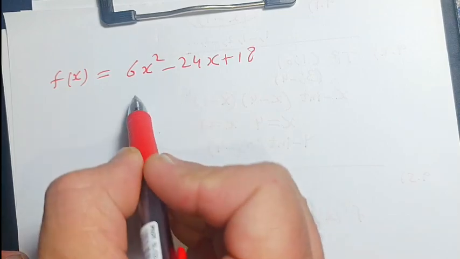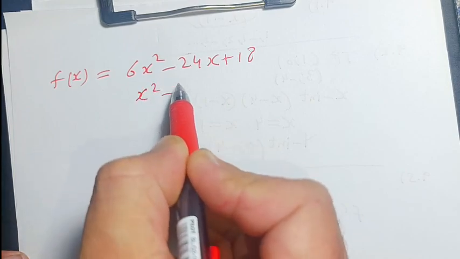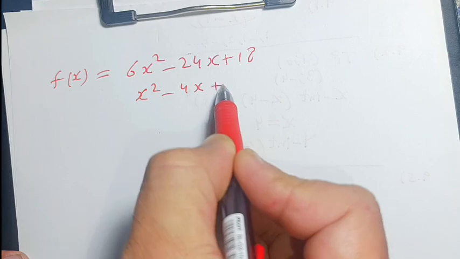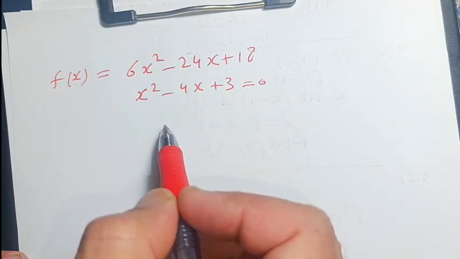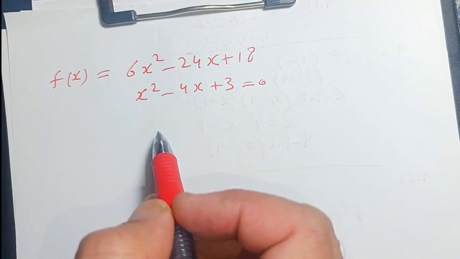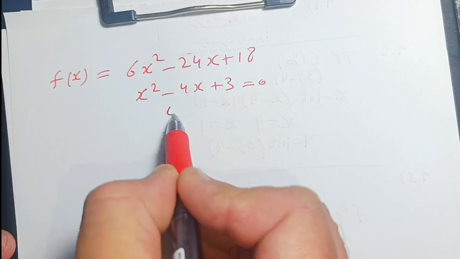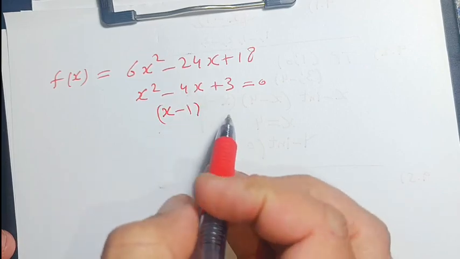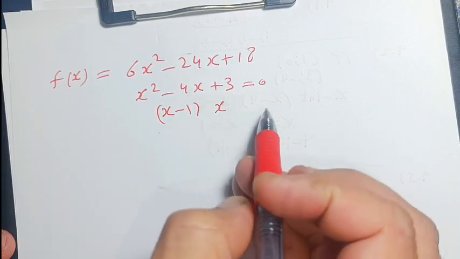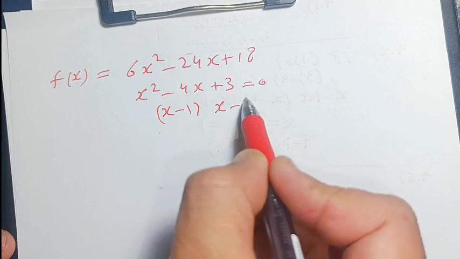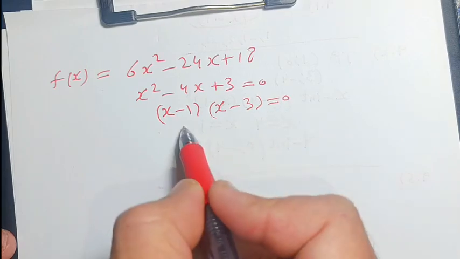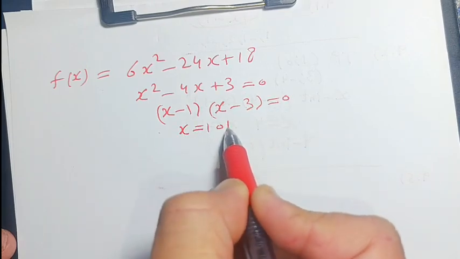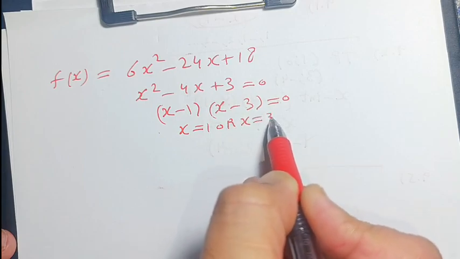You divide by 6, it's going to be x squared minus 4x plus 3 is equal to 0. Eventually the same x-intercepts: (x minus 1)(x minus 3) is equal to 0. And you solve for x: x is 1 or x is equal to positive 3.